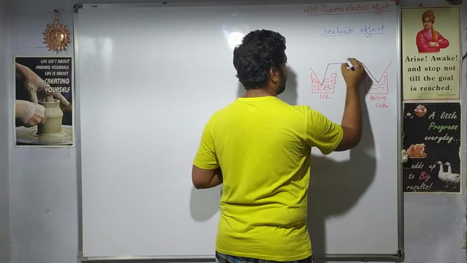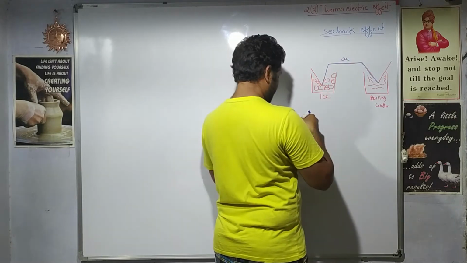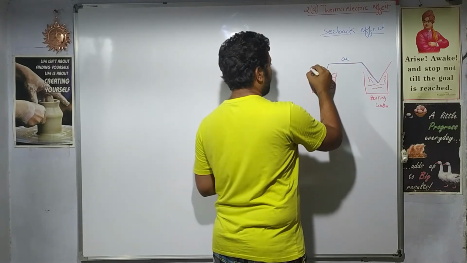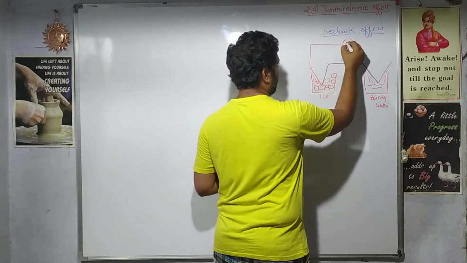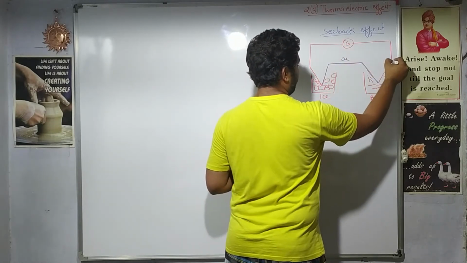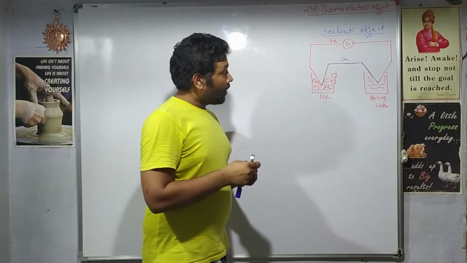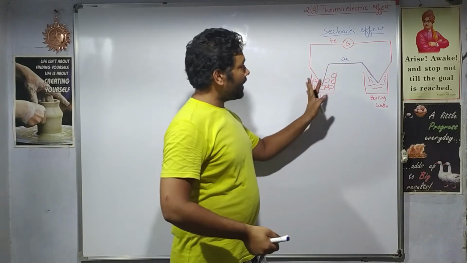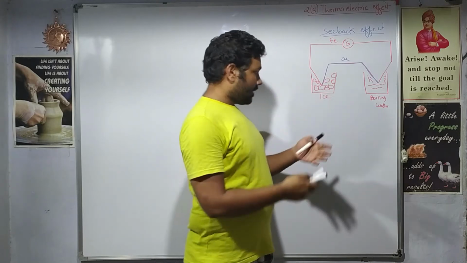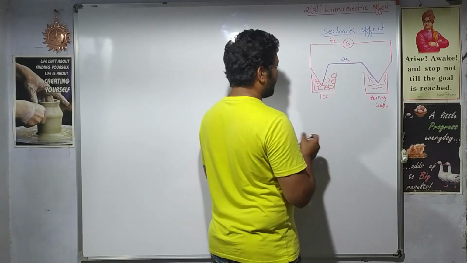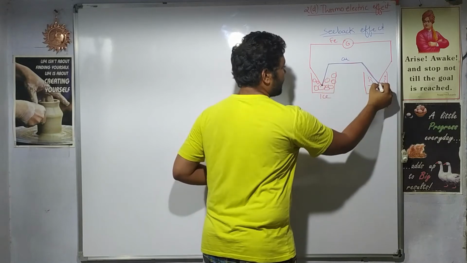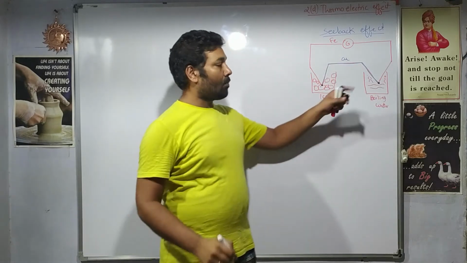This part of the wire is made up of copper, and this other part is made up of iron. Now what did he find? This is one junction of the wire, copper and iron, and this is another junction, copper and iron.